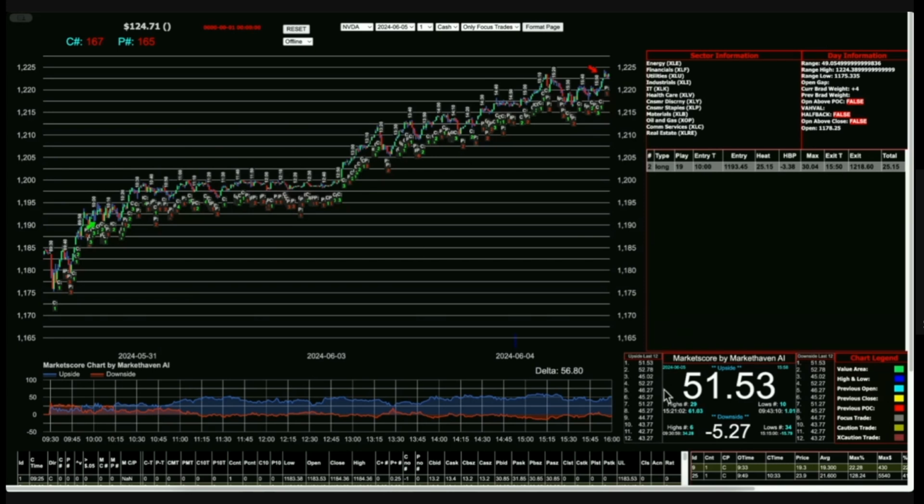So I created Marketscore in order to help the bot trade better. And then once my nephew, who's a trader, saw Marketscore, he said, you need to focus on Marketscore. You need to market this. This is something that people can use.